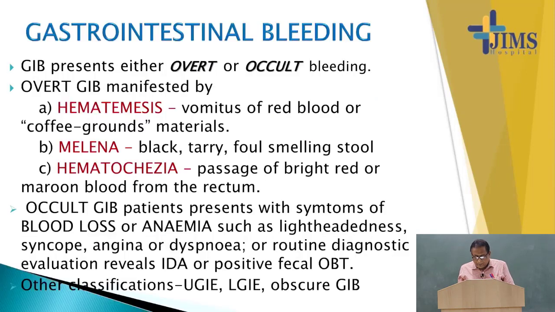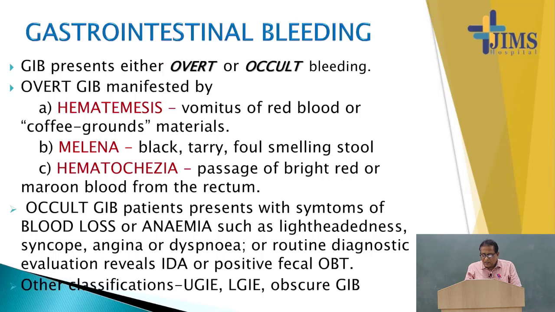Now, upper GI bleeding may be either overt or occult bleeding. Bleeding which we can see, that is overt bleeding. Bleeding which we cannot see but there is bleeding, that we call occult bleeding. Overt bleeding may be manifested by, number one, hematemesis, meaning vomiting of blood or coffee ground material.